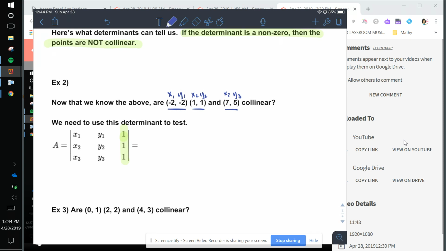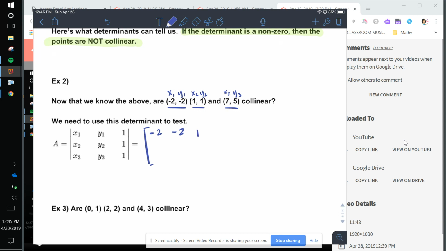So our matrix would be -2, -2, 1, then 1, 1, 1, and 7, 5, 1.